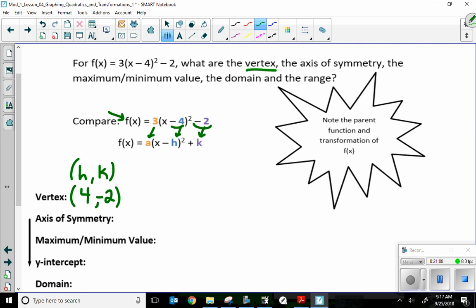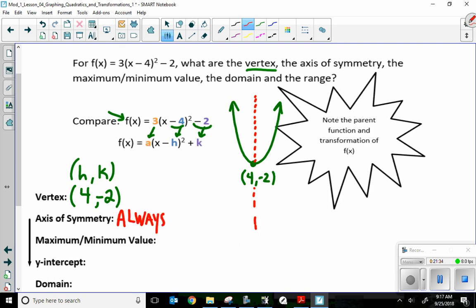The axis of symmetry. Let's just review what axis of symmetry is. Here's my vertex at (4, -2). The axis of symmetry is that line that goes right here that makes the parabola look like it reflects over that line.